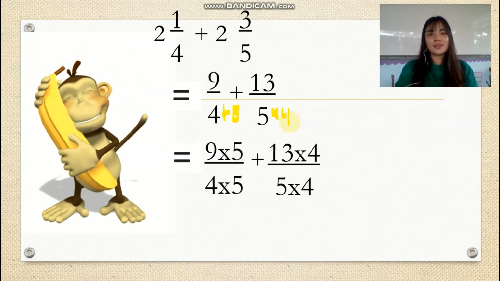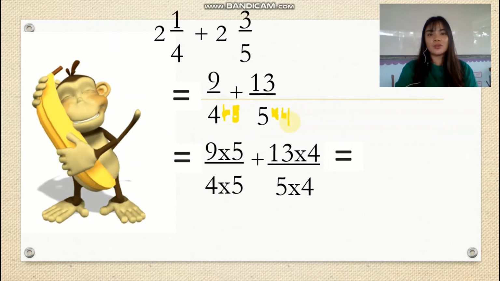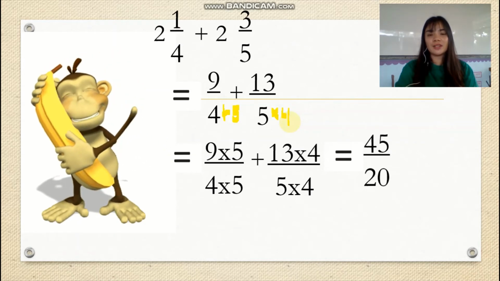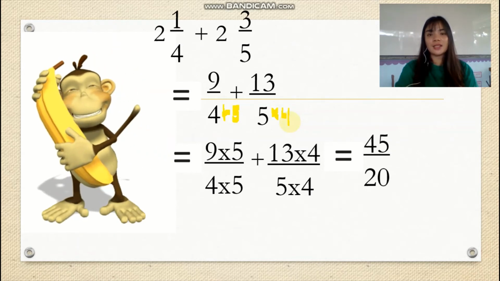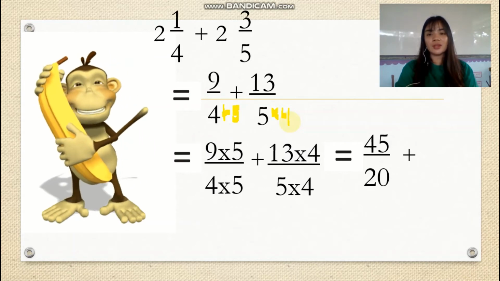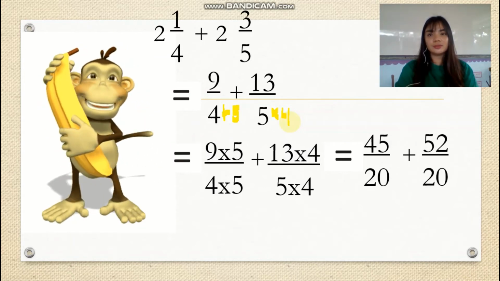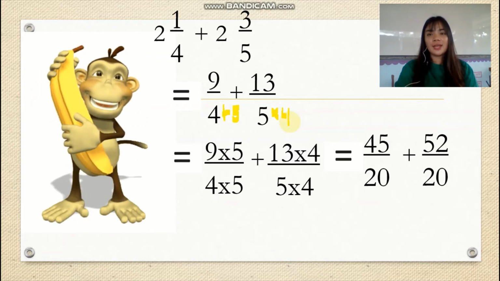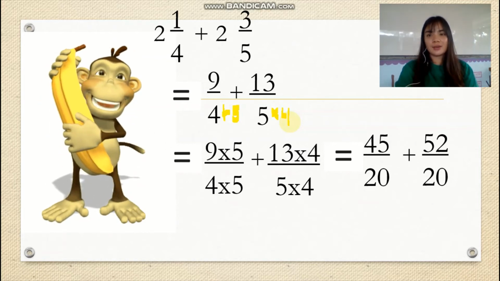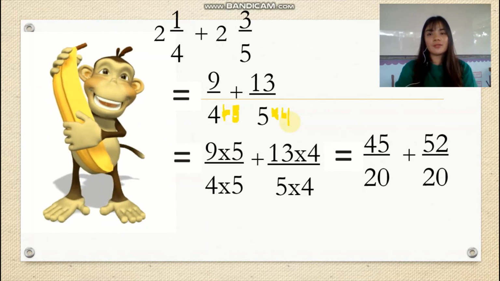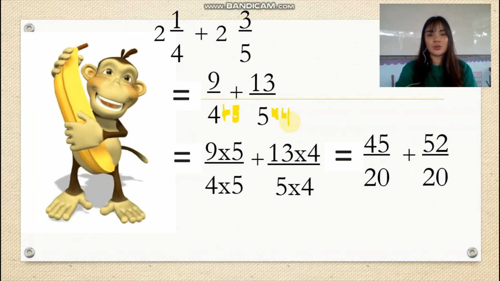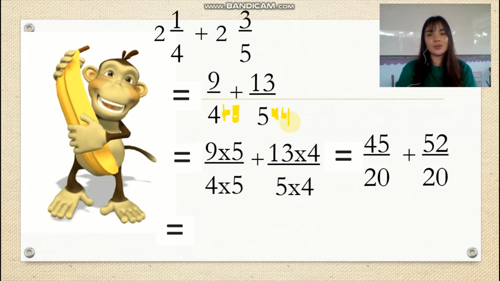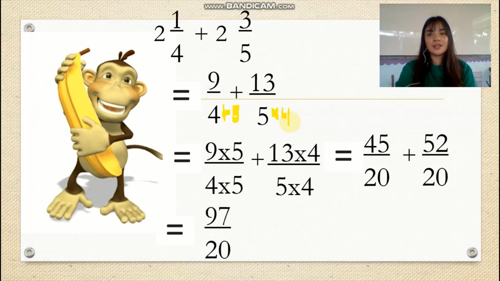So 9 times 5 is equal to 45. Very good. Plus 13 times 4 is equal to 52. We can add our numerators now, then carry our denominator. 45 plus 52 is equal to 97.